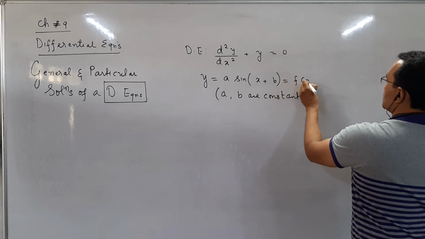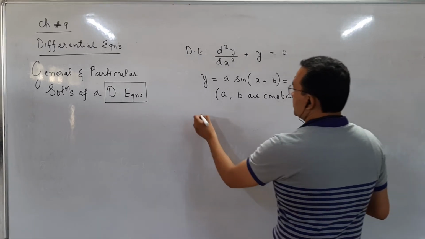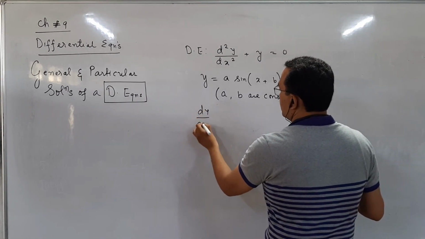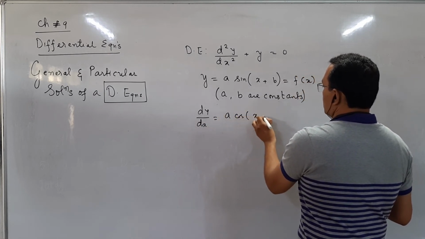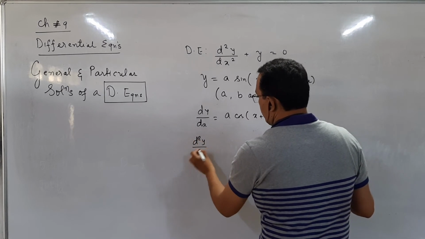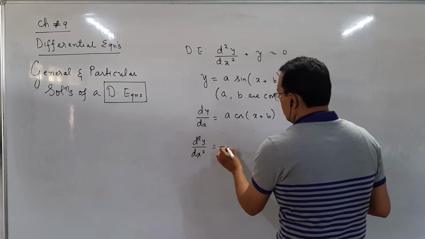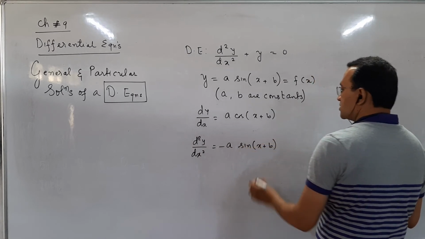So this is a function f of x. Now if I differentiate and write dy by dx, what I will get? A cos of x plus b. And if I take second order derivative, then this will be minus a sine of x plus b.